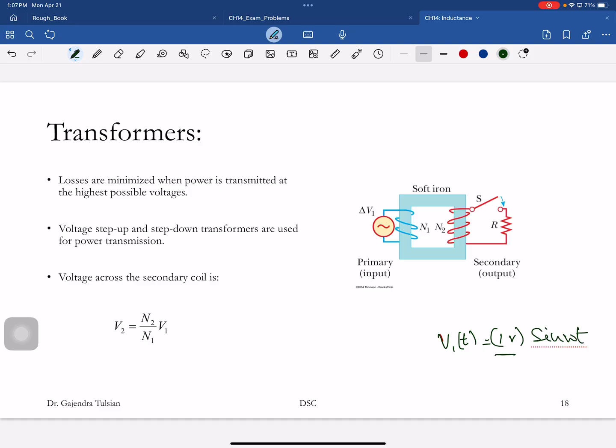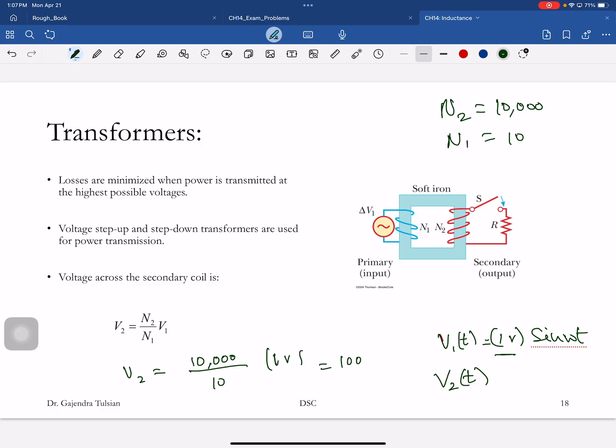The amplitude is 1 volt, so the output amplitude V2 will be, remember, N2 is 10,000 and N1 is 10, times 1 volt. That's 1,000 volts.